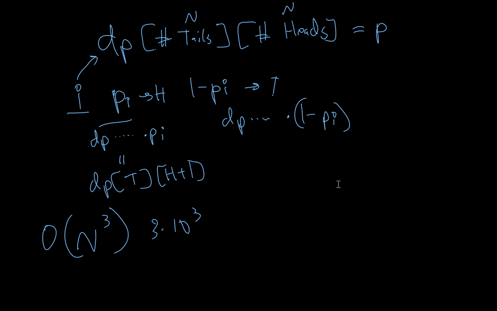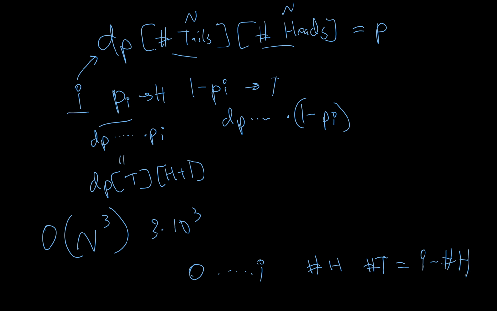One thing we can see is there's not really a need to store both of these. It's kind of redundant, because if we are considering all of the coins from 0 up to i, then whatever the number of heads is, the number of tails is just i minus heads.